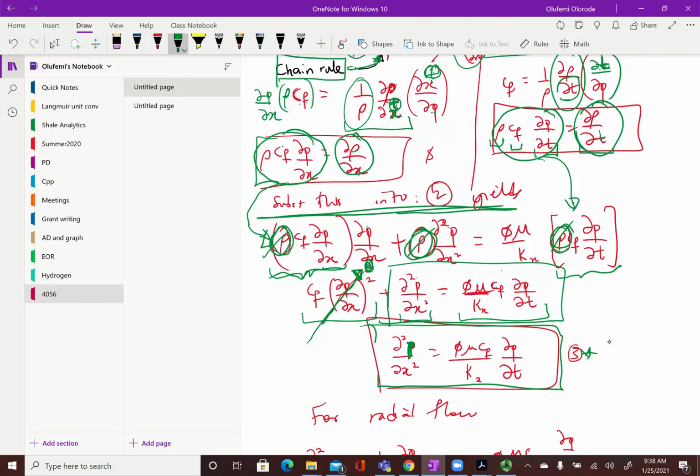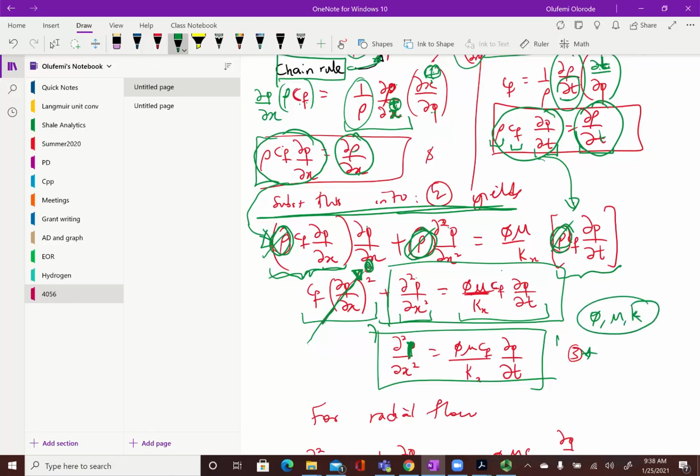And the assumption to simplify the equation to this form is that phi, mu, and k are constant. We don't assume density is constant. We go through these derivations and eventually density just falls out of the equation. And this is the diffusivity equation which we use in well testing, pressure transient analysis.